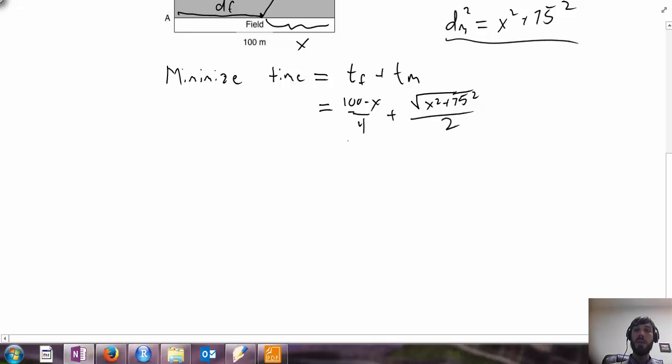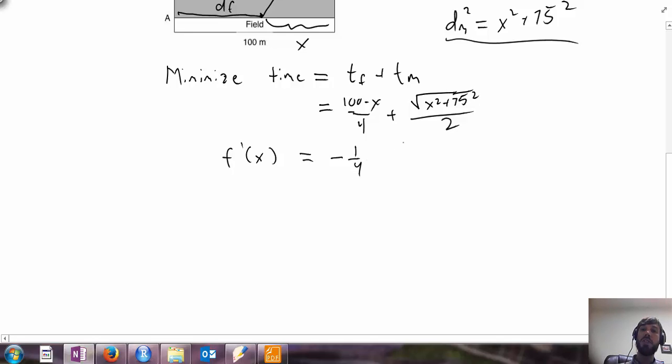Okay. So once we've set up this expression, now we can use calculus by taking its derivative with respect to x and setting that equal to 0 and figuring out which distance x would give us the minimal time, right? So we're going to differentiate. And I noticed a lot of people trying to apply the quotient rule here, but you don't really need to do that. Just think of this as splitting up the 4 here, and you would just get 25 minus 1/4 x, whose derivative would just be negative 1/4.